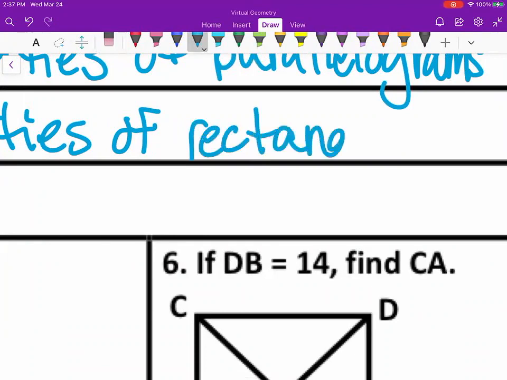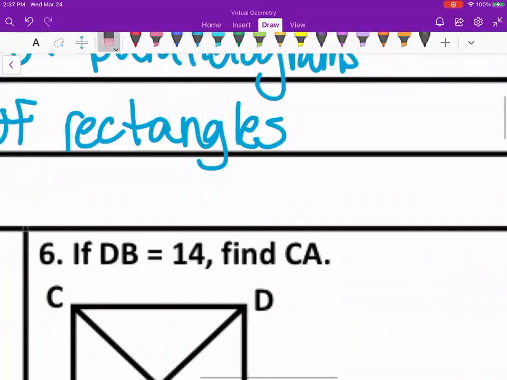Meaning that the angles will all be congruent, making them all 90. So all the angles will be 90 degrees. Your diagonals will be congruent.